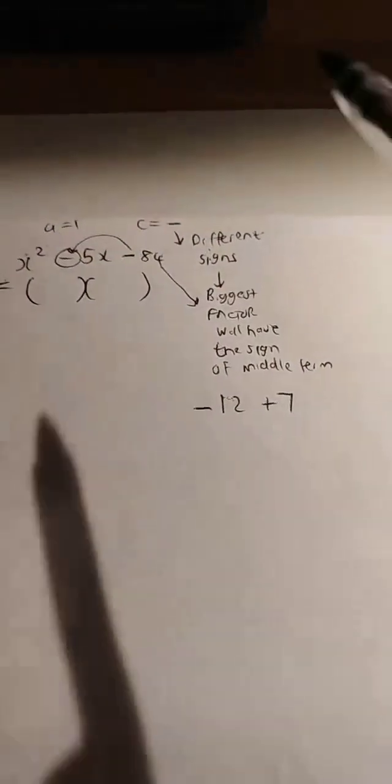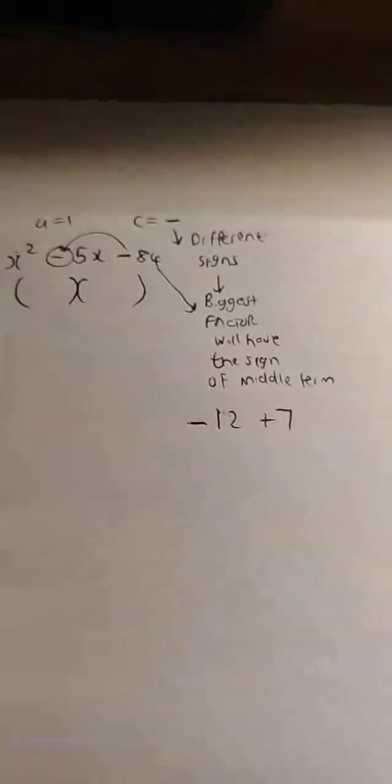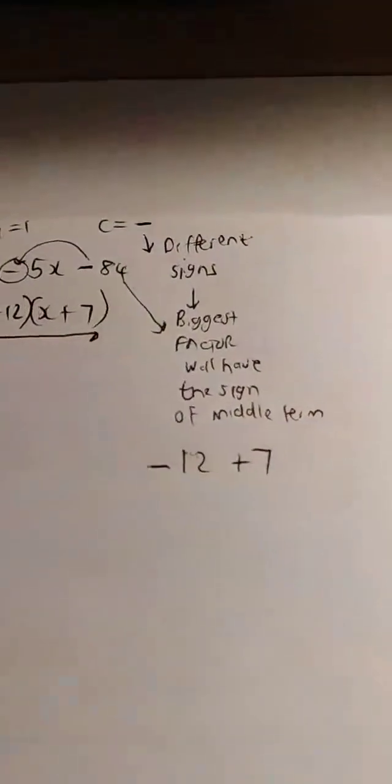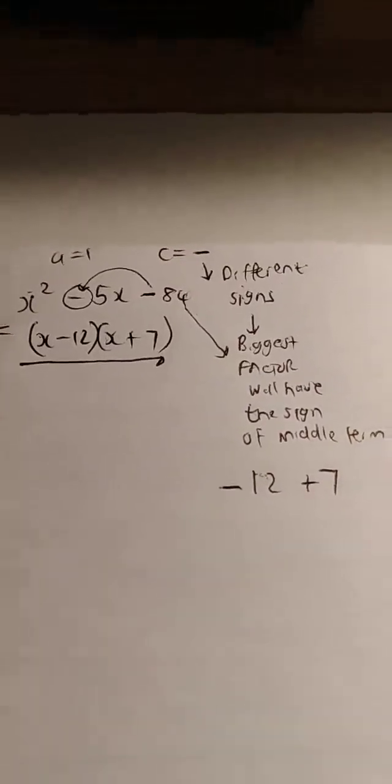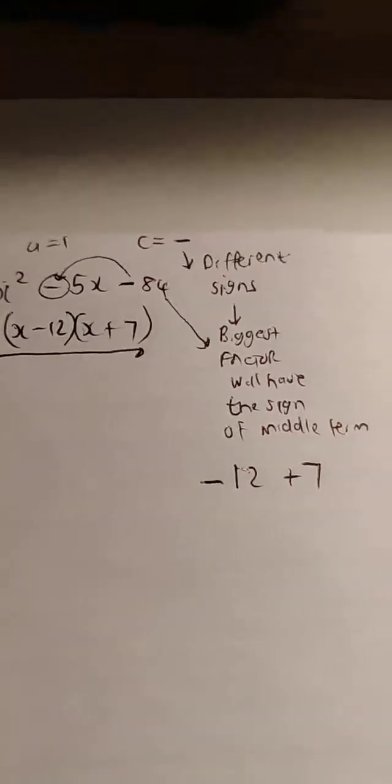The multiplication of these two gives us negative 84. So that means we are going to have x minus 12 and x plus 7. That is basically going to be the factors that we utilize to factorize x squared minus 5x minus 84.